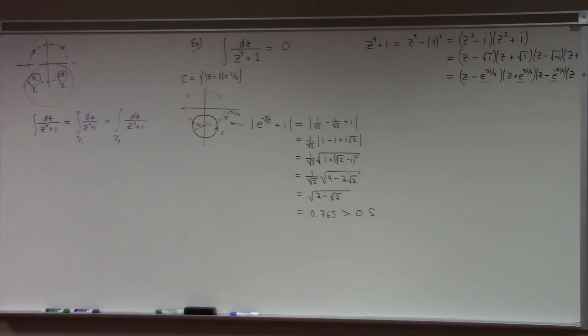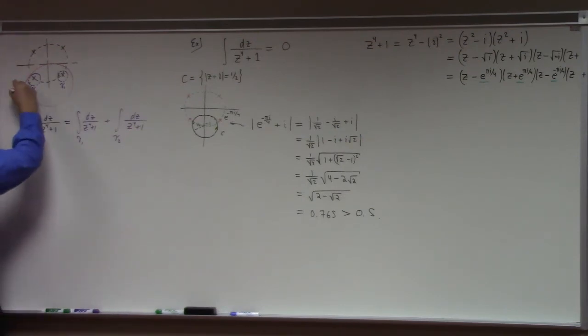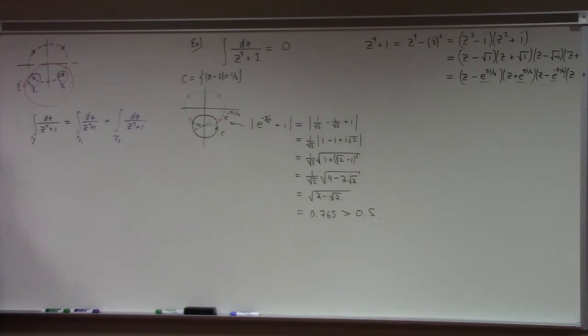What about the rest of the circle? Don't we have to integrate over the whole circle? Well, my point here is if this outside circle is gamma, those are just two little parts of gamma though.